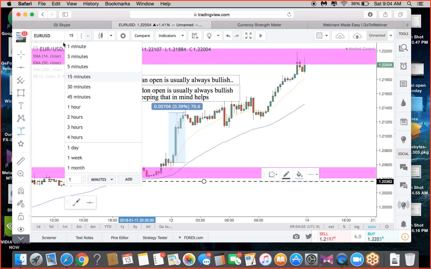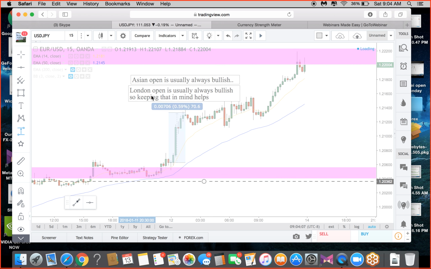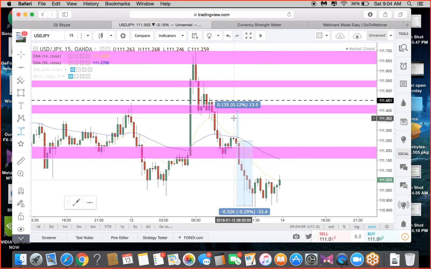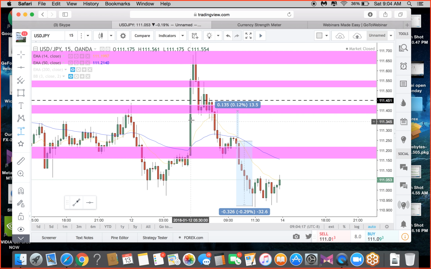So if I'm looking at USD/JPY, same thing. Here's by 6, here's by 7. If I'm entering sells by that 1 hour wick fill, this is probably where my stop loss range is going to be.